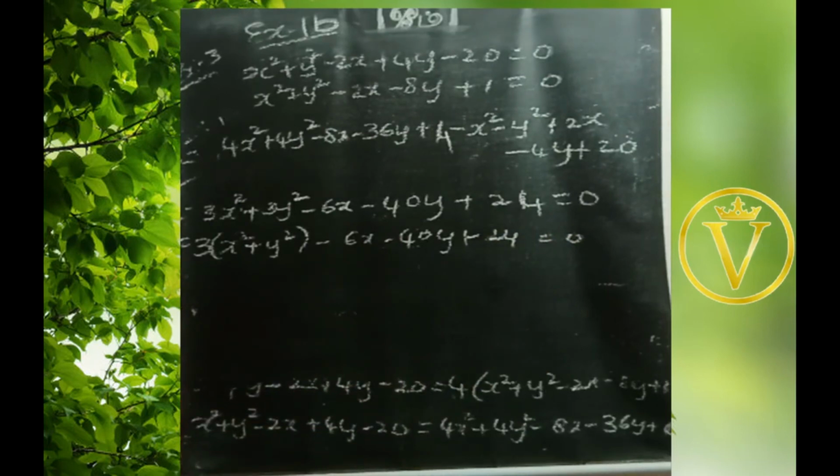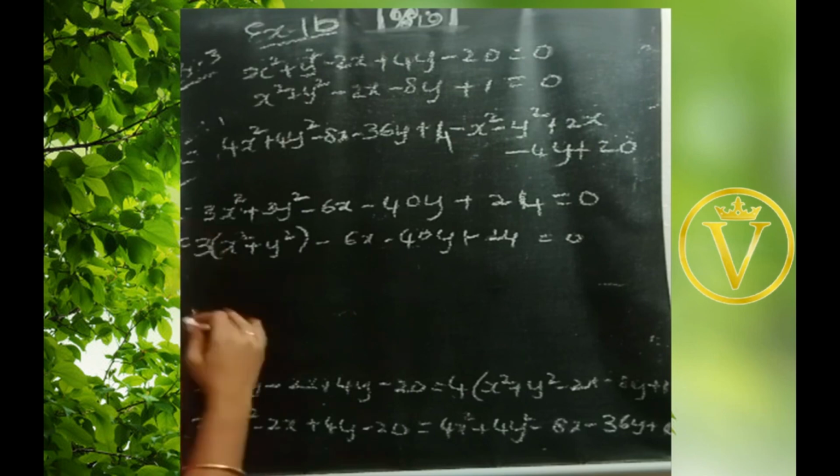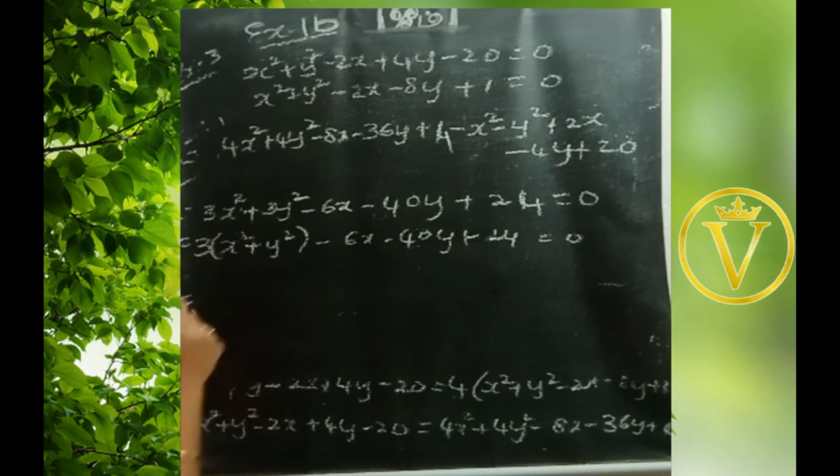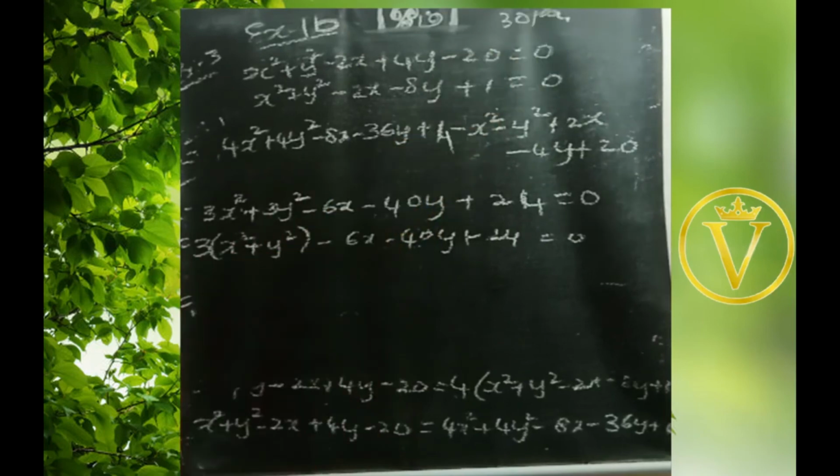Now we have to prove the given equation: x square plus y square minus 2x minus 12y plus 8 equals 0. They have asked to show that x square plus y square minus 2x and minus 12y plus 8.